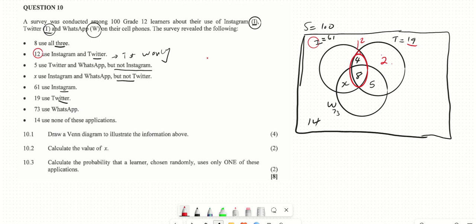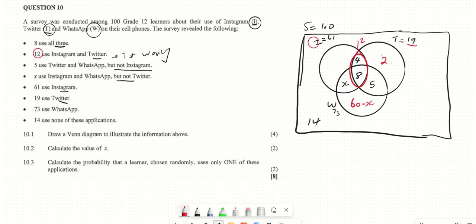Now they said 73 use WhatsApp. Let's check how many are using WhatsApp only. We have 8 plus 5, which is 13. So 73 minus 13 is 60, so we have 60 minus x use WhatsApp only.